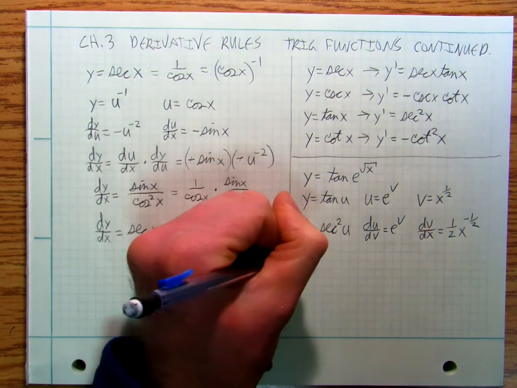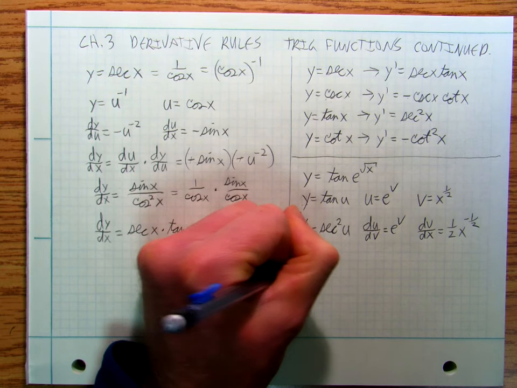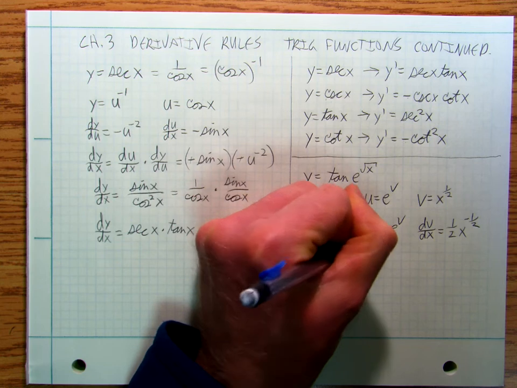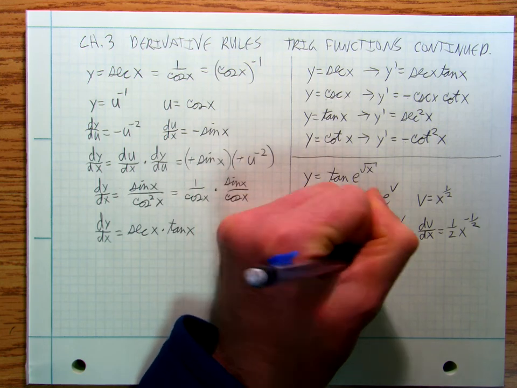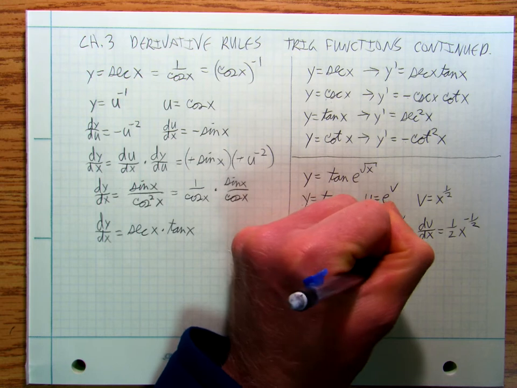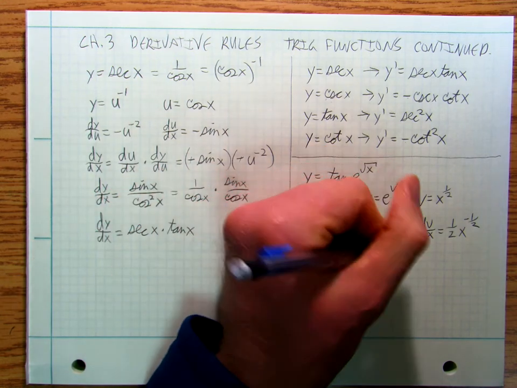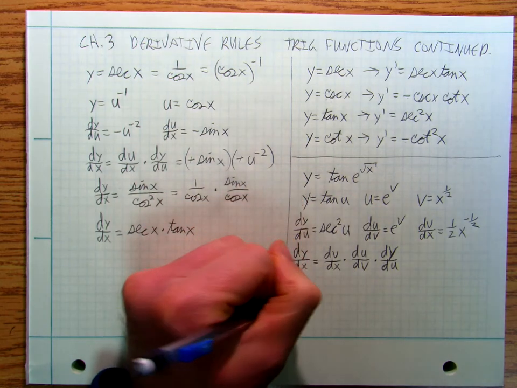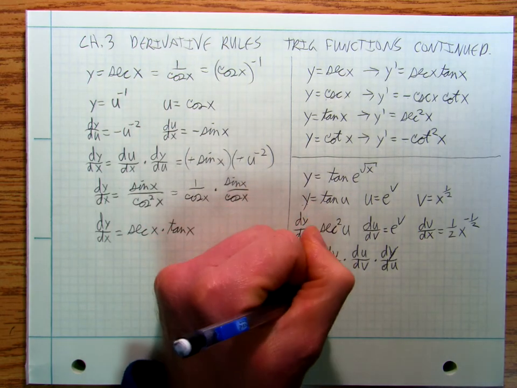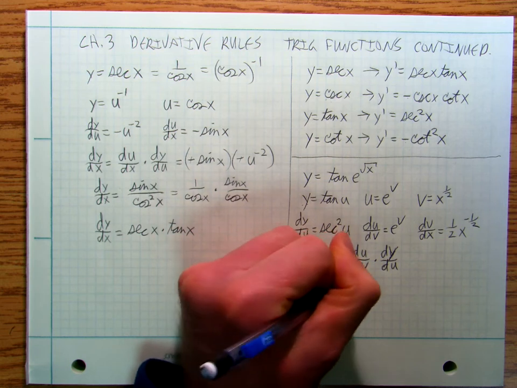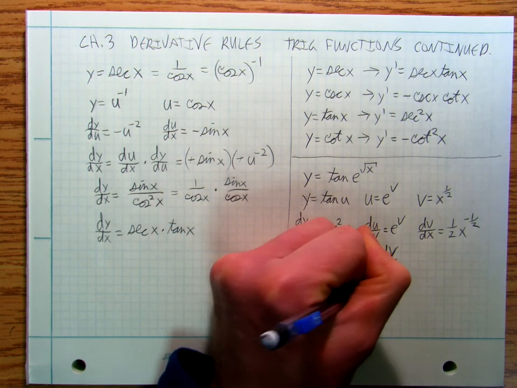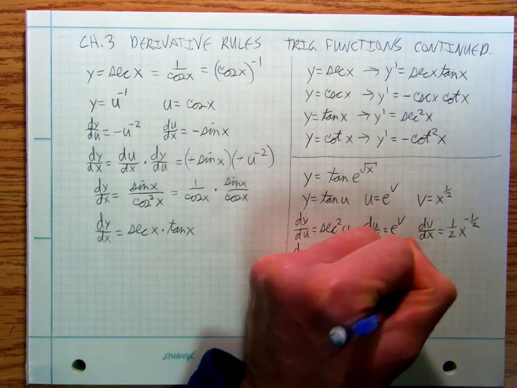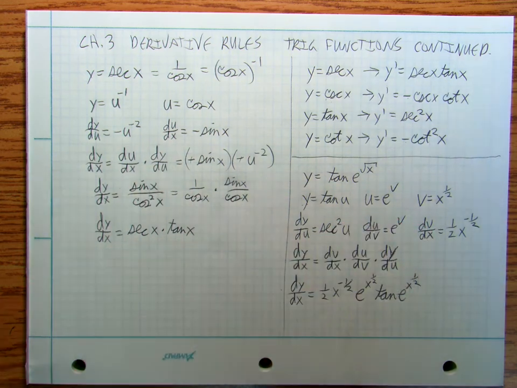So then dy dx is going to equal dv dx times du dv times dy du. And so dy dx is going to equal 1/2 x to the negative 1/2, e to the x to the 1/2, secant squared of e to the x to the 1/2.